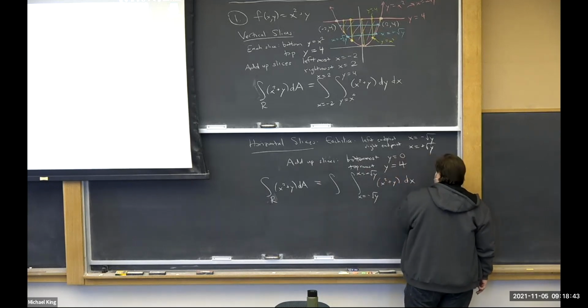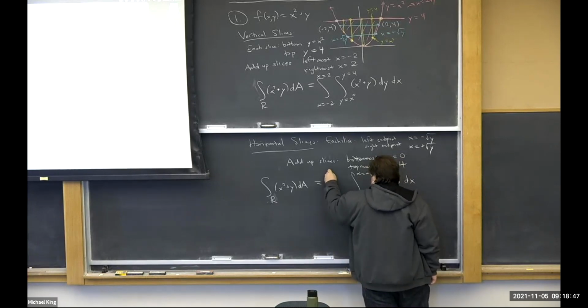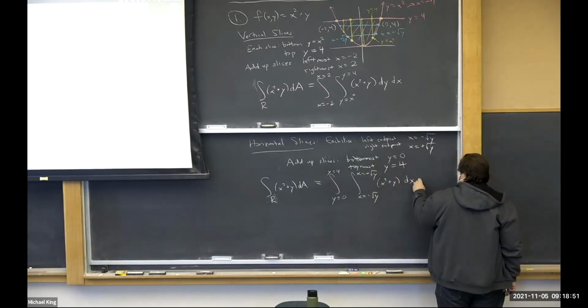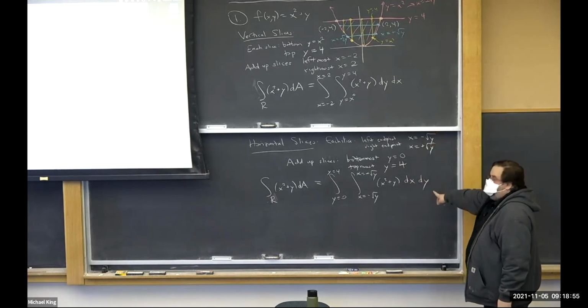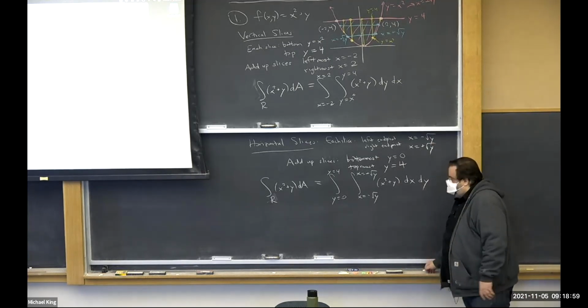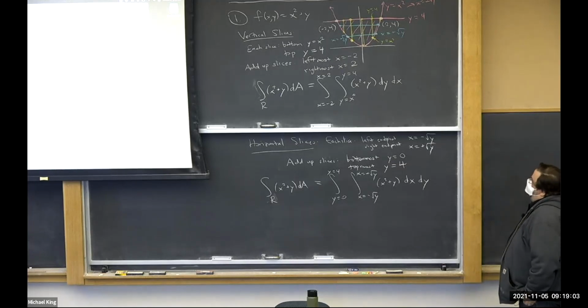Now notice this starts with dx. Y equals 0 to y equals 4. And then that's dy. So that one was dy dx, this one was dx dy. You could try to remember that: vertical slices is dy dx, horizontal slices is dx dy, but when you do the setup, you sort of see how it works.